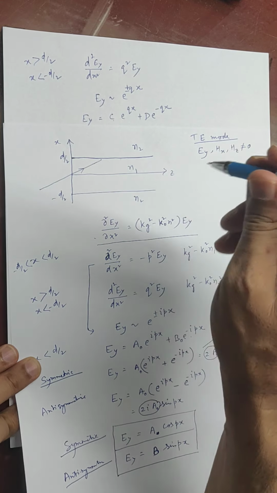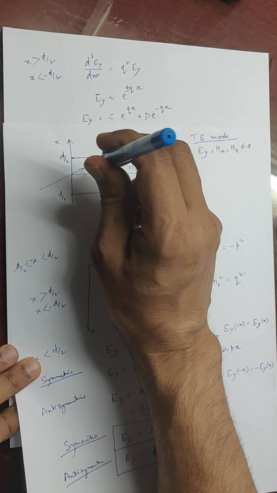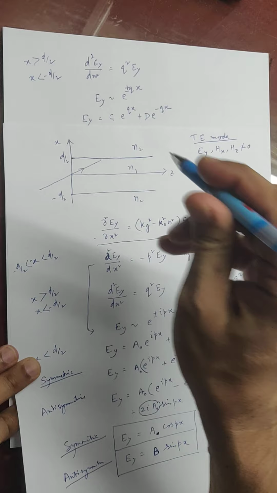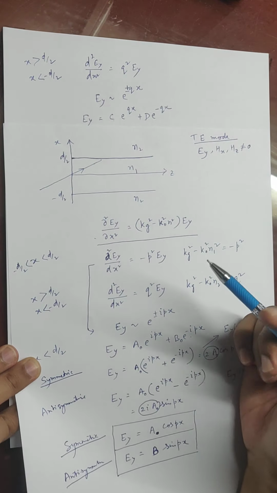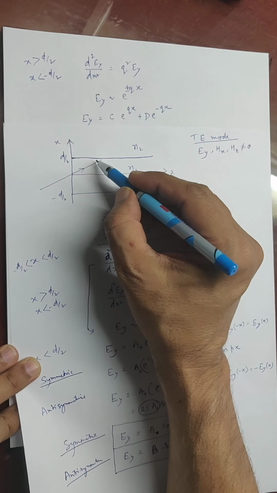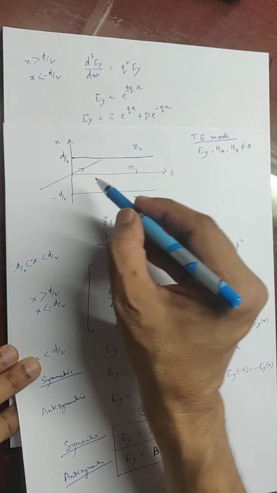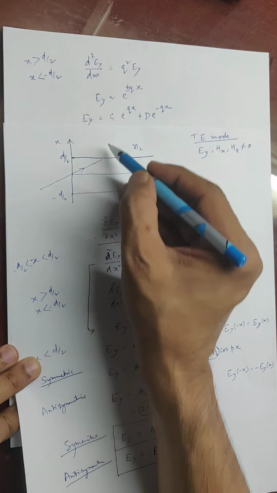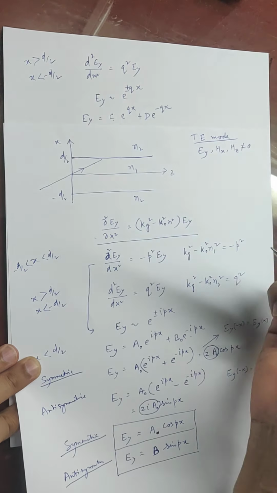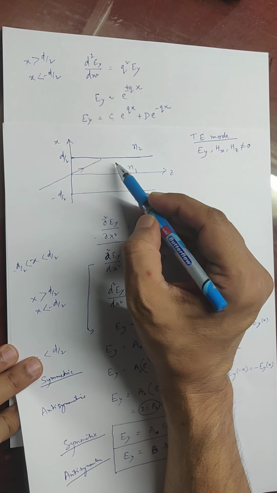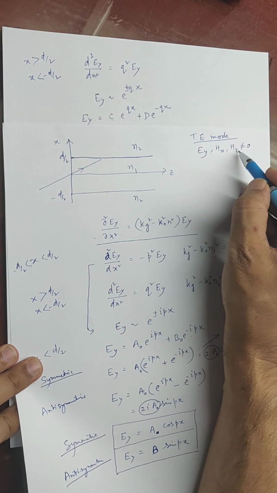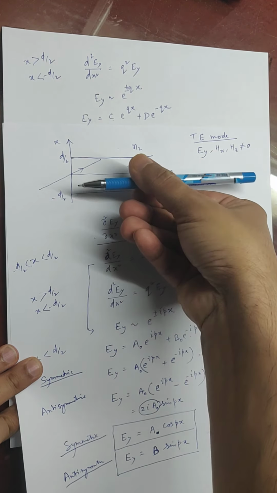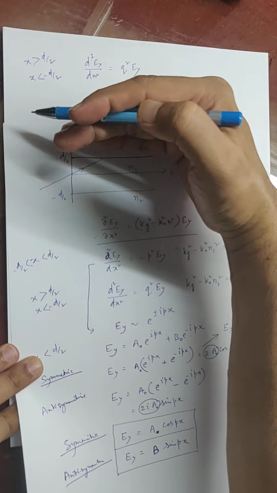EY is in this direction, perpendicular to the XZ plane, which would be parallel to the boundary. HX is in the X direction. It would not be parallel, it would be perpendicular to the boundary, so it would not be continuous across the boundary. But HZ again is in this direction, which is again parallel to the boundary.